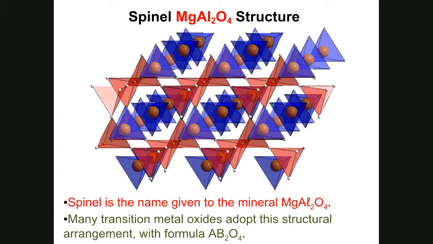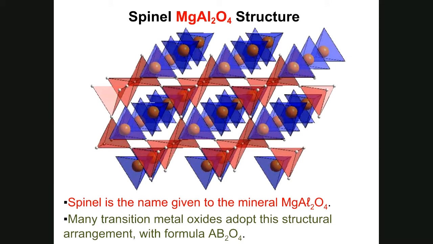So importantly here, what I would like you to realize is that you've got both tetrahedral sites and octahedral sites in the same compound. And as a result, the different oxidation states will prefer sitting in different sites.